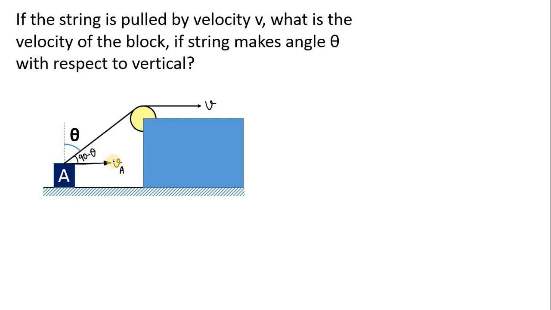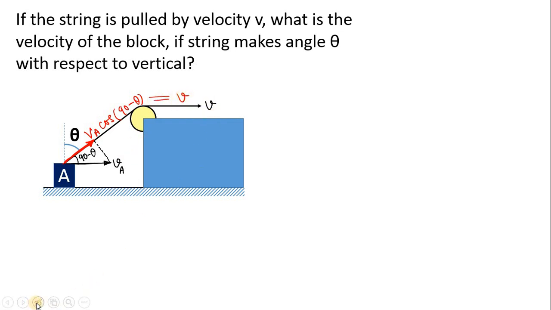So again we have to find the component of the velocity VA along the string. So the component of the velocity along the string would be equal to VA cos of 90 minus theta, and this velocity must be equal to V given here.